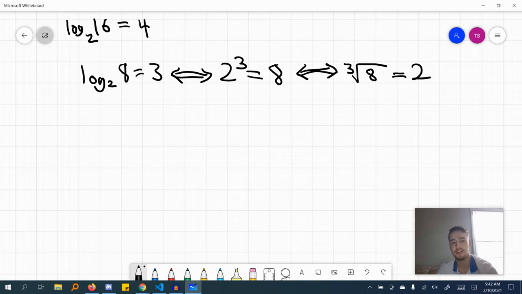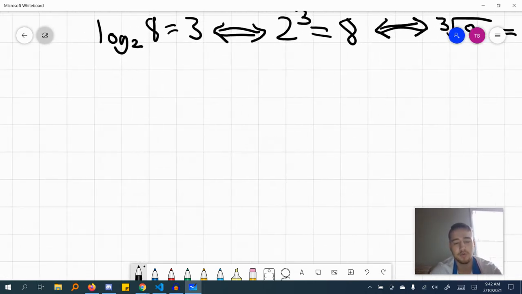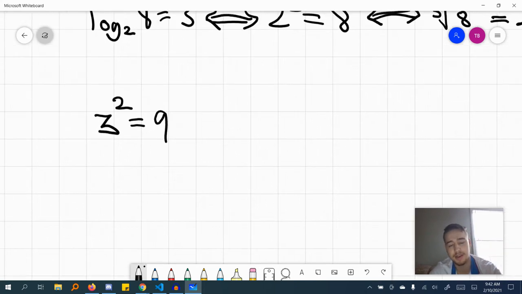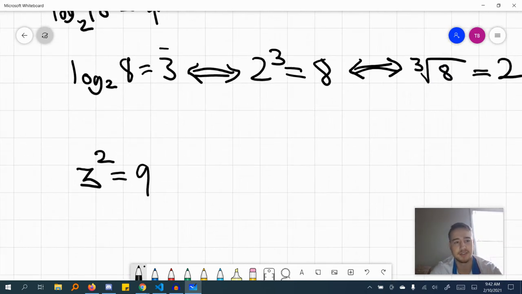So what we're going to do is actually set up an equation and see if y'all can translate from one to the other. So let's say we have 3 squared equals 9. Then we wanted to write it in terms of logarithms.